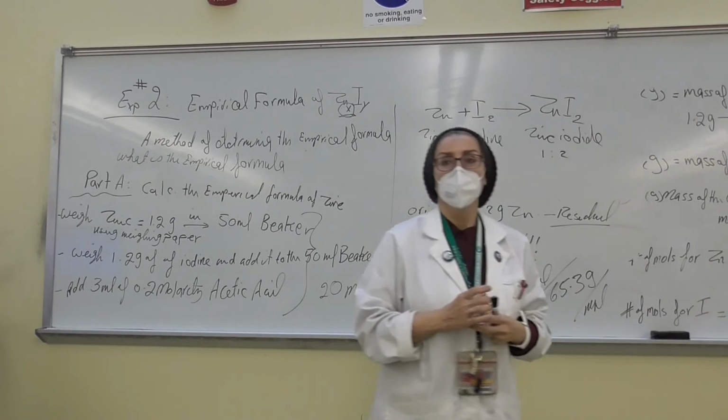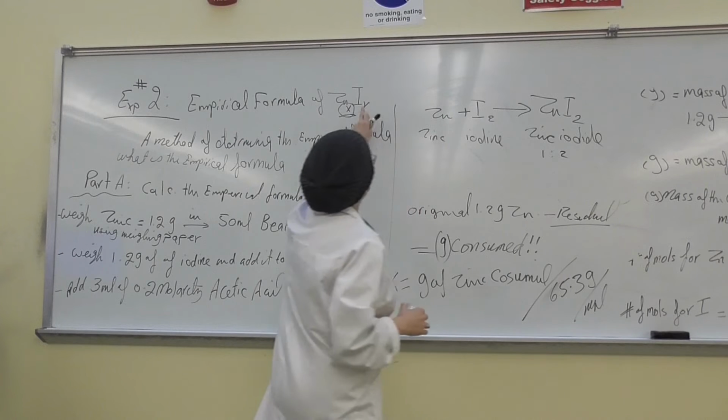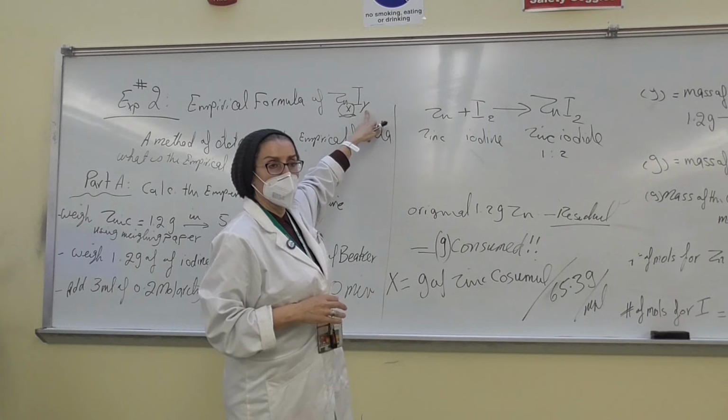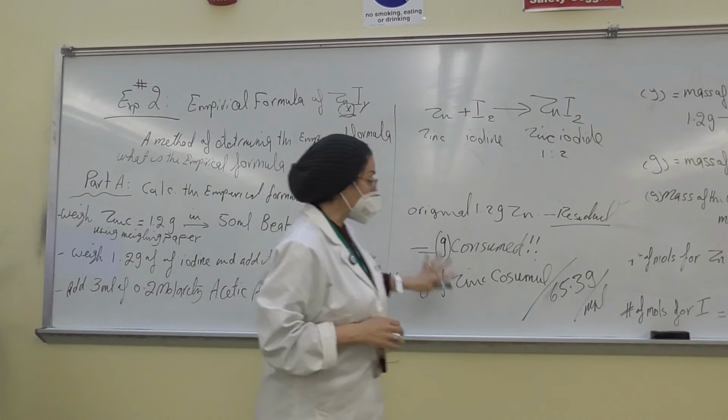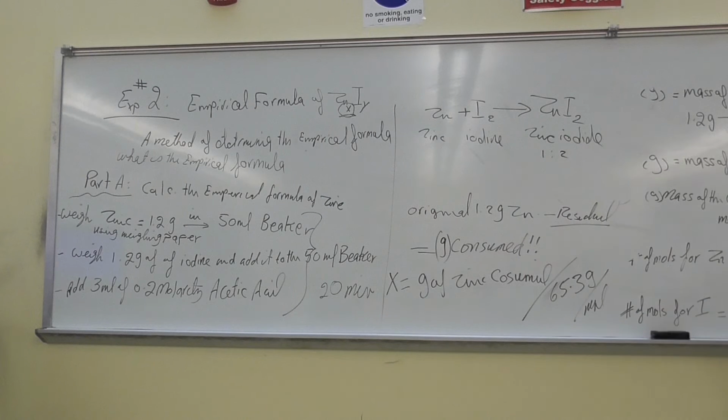All right? How are we going to find the Y of iodine? So this is going to be the next step. We need to find the mass of the collected zinc iodide.